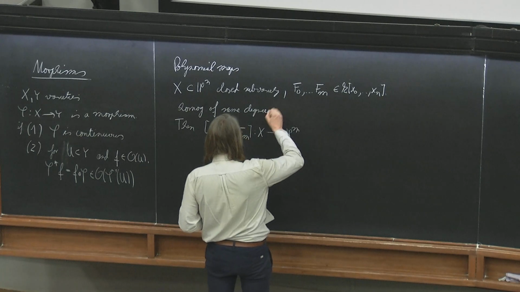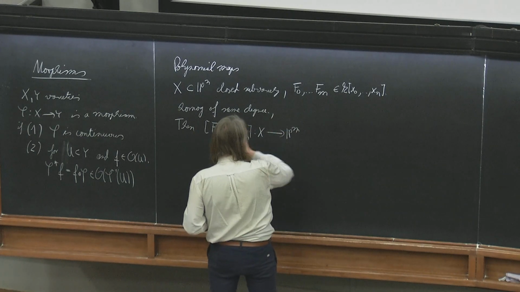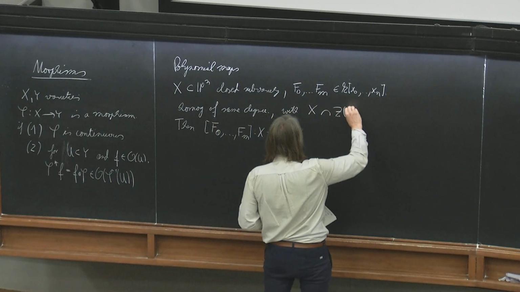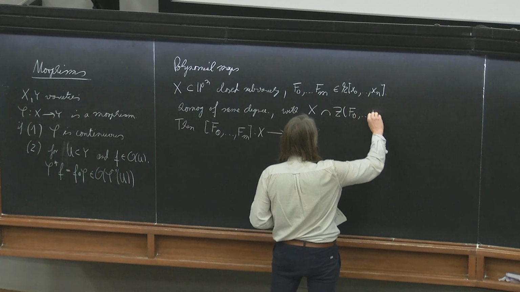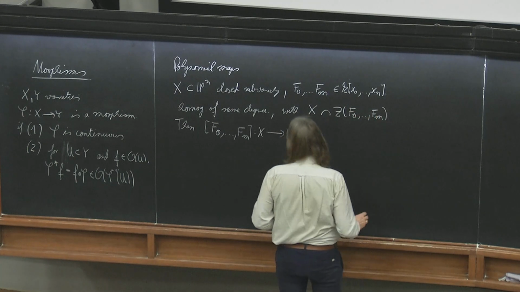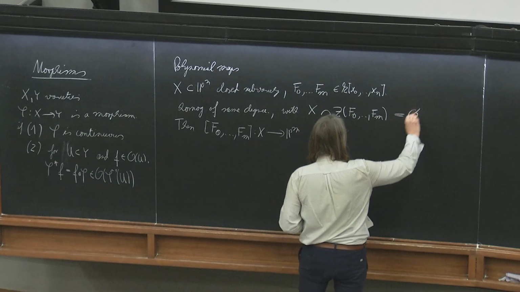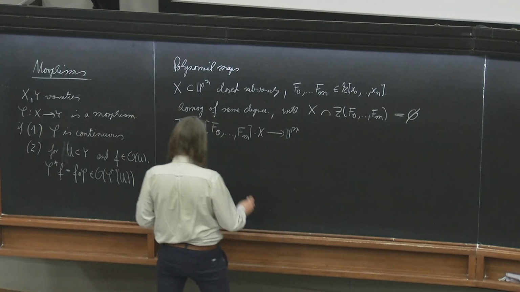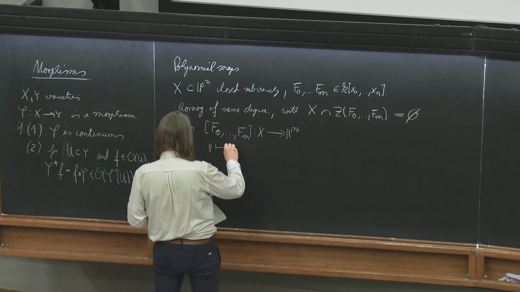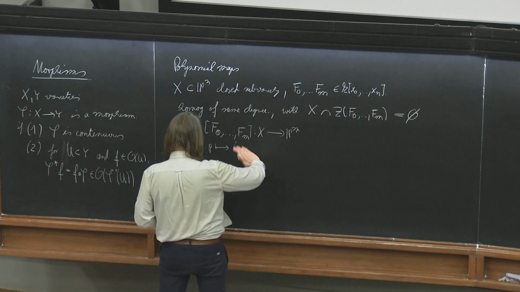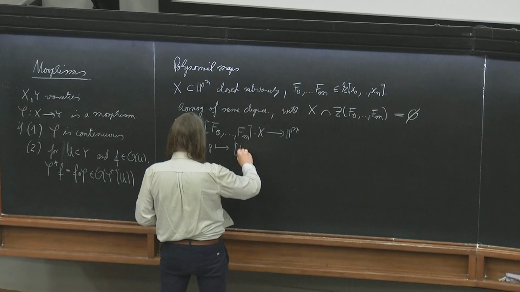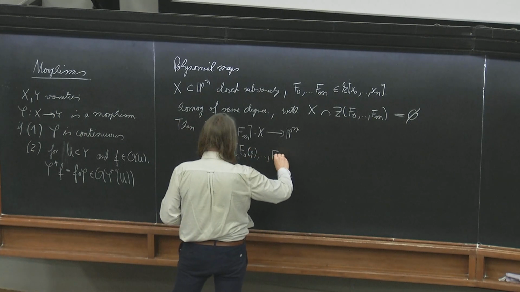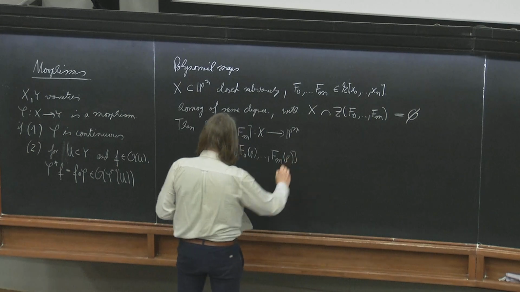I forgot something: with no common zeros on X, so if I take X intersected with the zero set of these polynomials, this is empty. Then this map, which just sends p to the point with homogeneous coordinates f0 of p to fm of p, is also a morphism.